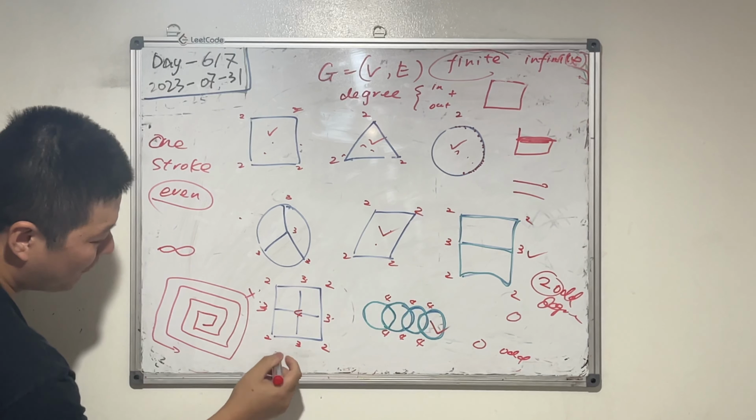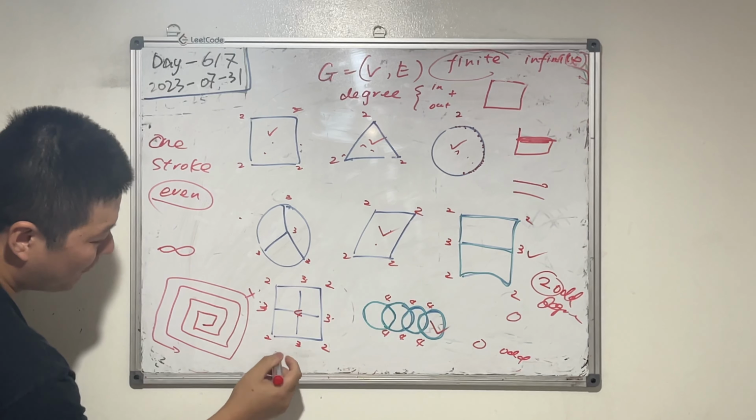So 4 odd, 0 odd, 0 odd, 0 odd, 0 odd, 0 odd, 2 odd. So what can we learn about it? 0 and 2. Yes, you are correct. If a graph has 0 or 2 odd degrees, then we can do it. Otherwise, we cannot do it.